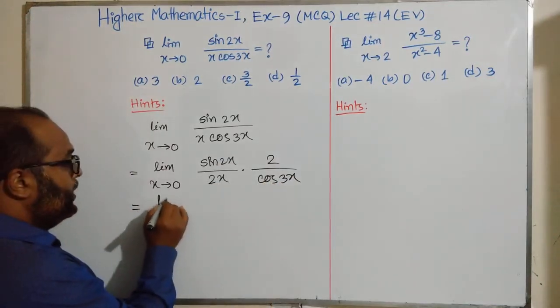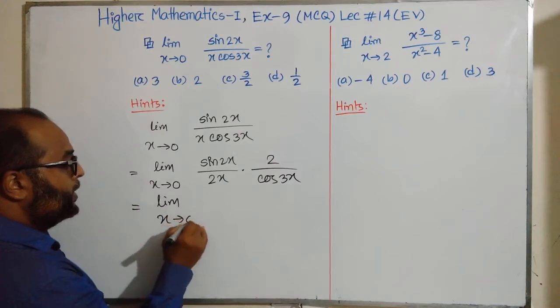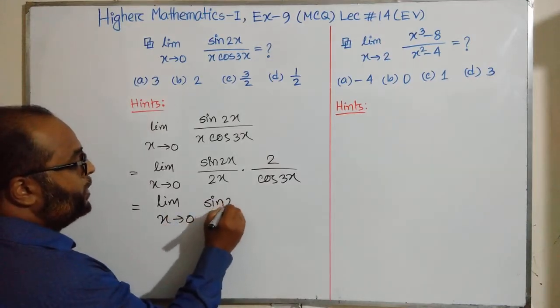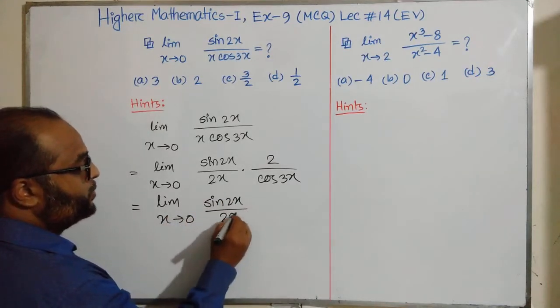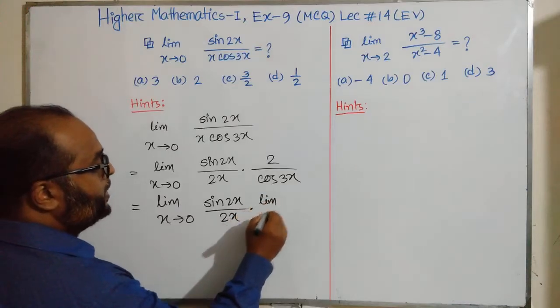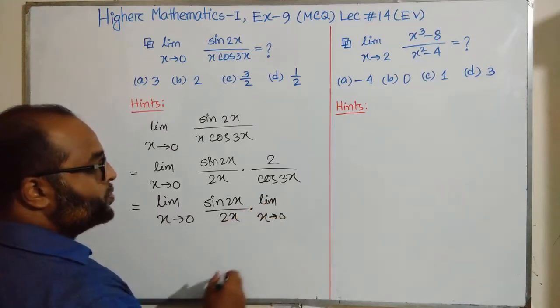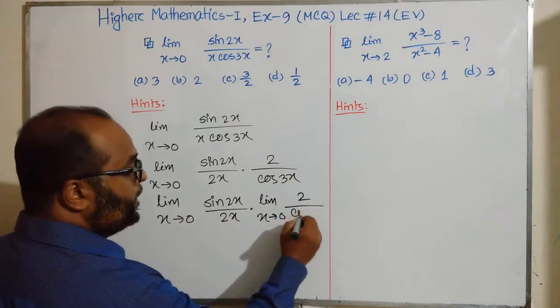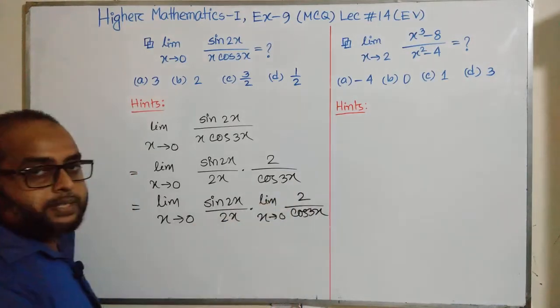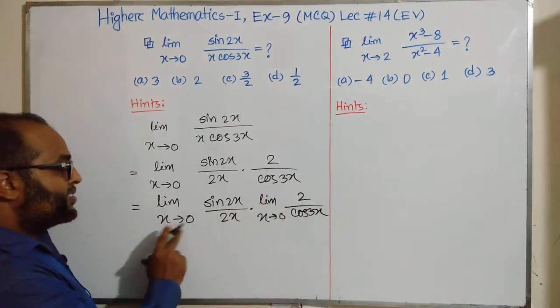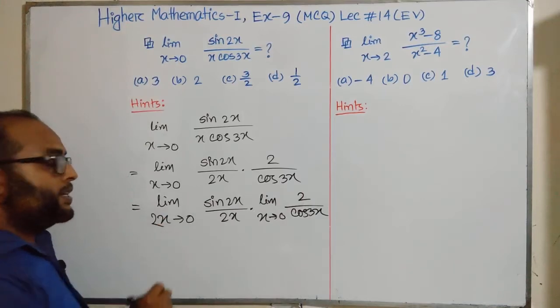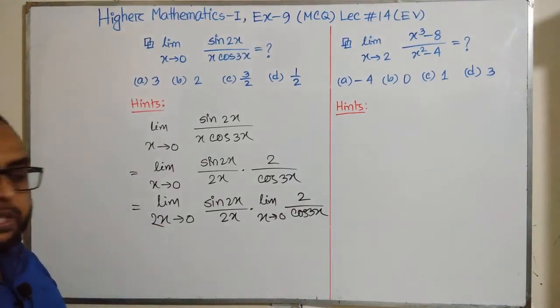Here if we write limit separately, sin twice x divided by twice x into limit x tends to 0 2 by cos thrice x. Now if x tends to 0, then twice x is also tends to 0.